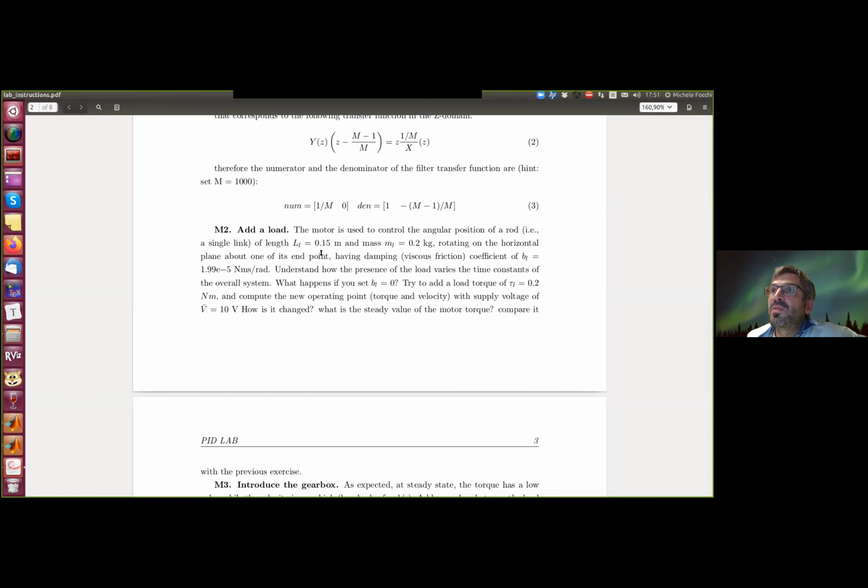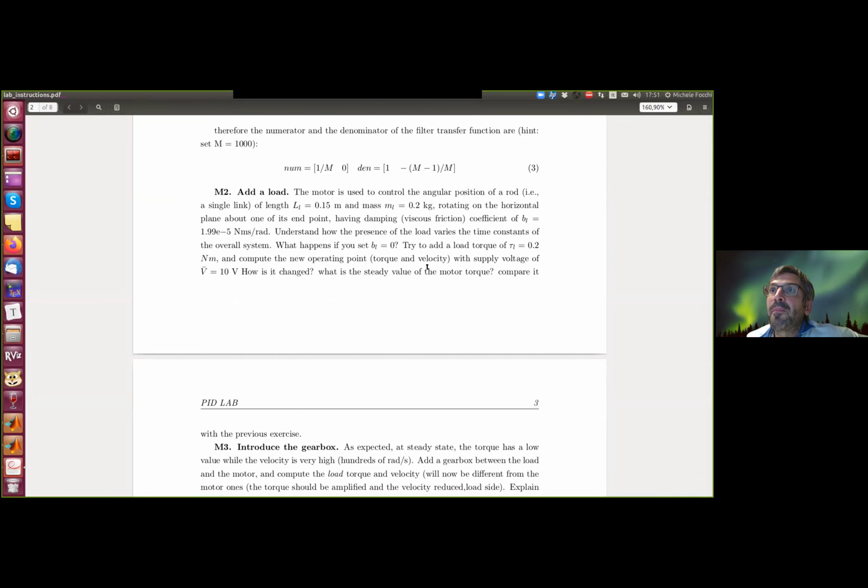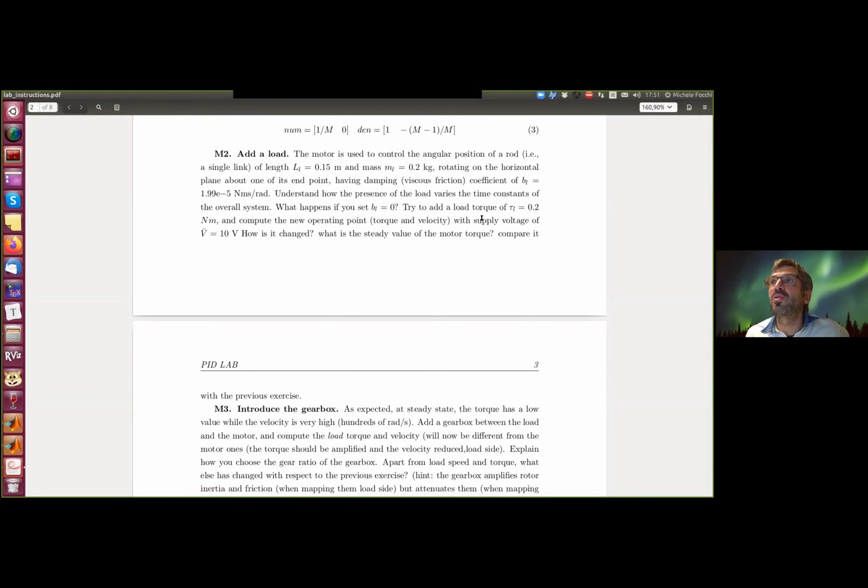It has some viscous friction, so this time we also have viscous friction at the load level, and we want to see how adding a load changes the time constant of the system, and try to add some load torque on the load.